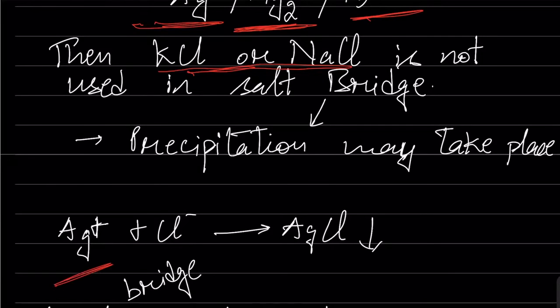If there is Ag+ and the salt bridge contains Cl-, look, the concept of solubility product, AgCl salt will be formed, that will precipitate onto the bottom of the half cell, and there will be no proper supply of anions.